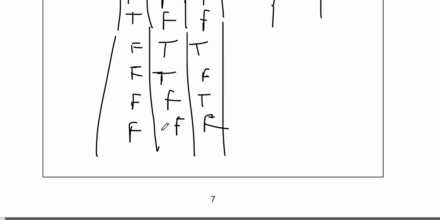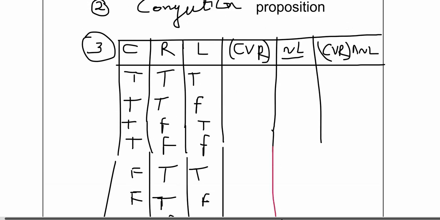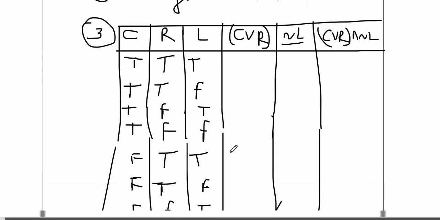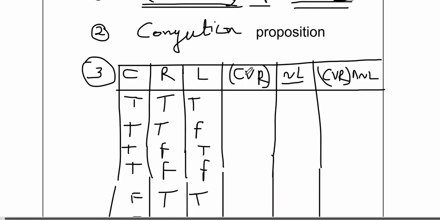Alright, so once we are done with this, we move on to the next column. The next column is C or R. In C disjunction R, what I had stated earlier, if you remember, was that any one of them, either C or R, has to be true for the C disjunction R to be true, otherwise it will be false. So we see here both are true, so the answer will be true.